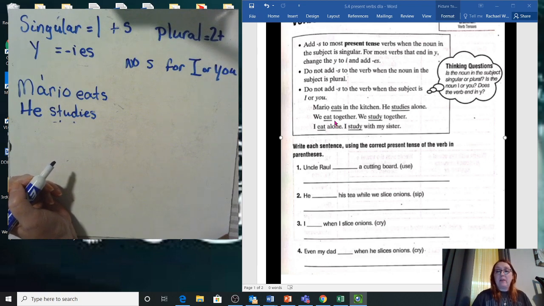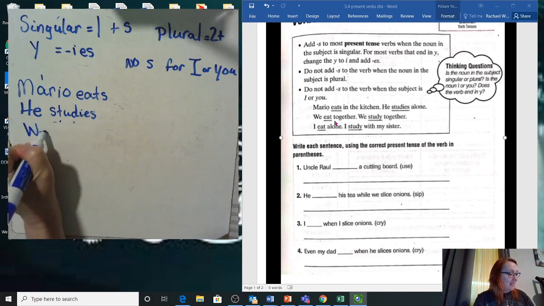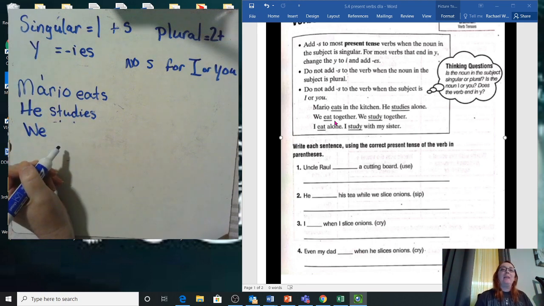We eat together. What is the subject in we eat together? I kind of gave it away. We is the subject. Is we singular one person or plural two or more? You're right. It's two or more people. Eat is our verb.